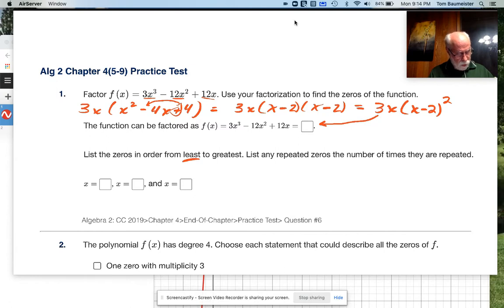We know that 3x is equal to 0 by the zero product property, or x minus 2 is equal to 0. Remember, we're going to have 2 of them there. So x is equal to 0, or x is equal to positive 2. So it's 0, 2, and 2.